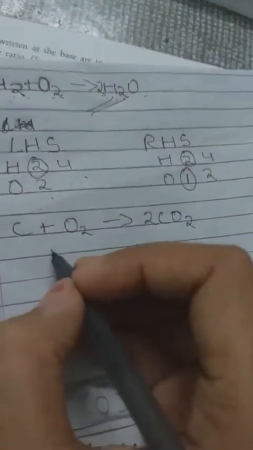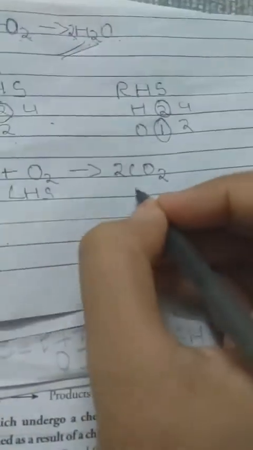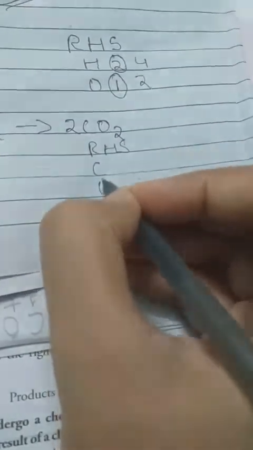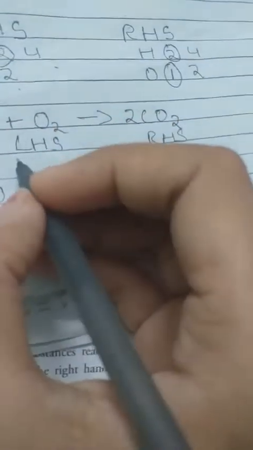Now we will compare both the sides by writing LHS and RHS, left side and right side. Two elements are given, carbon and oxygen, on this side also. Now how many carbon atoms are present on the left side? 1, so we will write 1. And oxygen 2, so we will write 2.